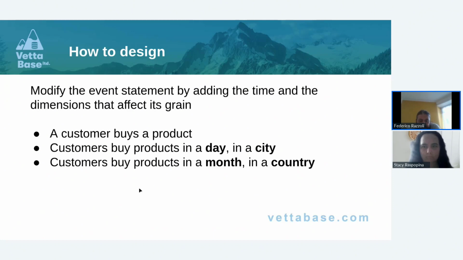And the last example is just the same example with a different grain. So customers buy product in a month instead of a day, and in a country instead of a city. So it's even more aggregated in this case. But you can also have multiple versions of the same event. You might have all these three tables, or actually all these three star schemas, and it's totally fine because this could be needed for performance reasons, because aggregating data on the fly can be slow.